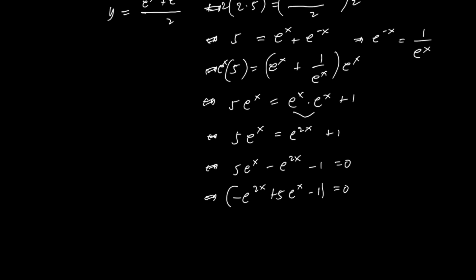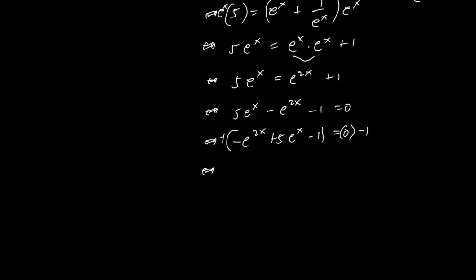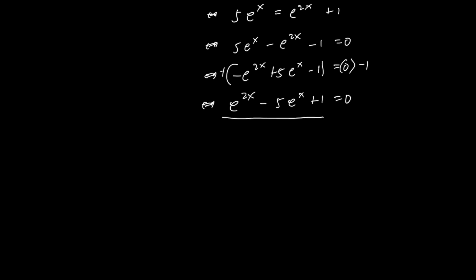You can multiply negative 1 on both sides so that it becomes e to the 2x minus 5e to the x plus 1 equals 0. As you can see, this is a quadratic equation. For you to solve it easier, you can use another variable to substitute e to the x so that it would be easier for you to factor.